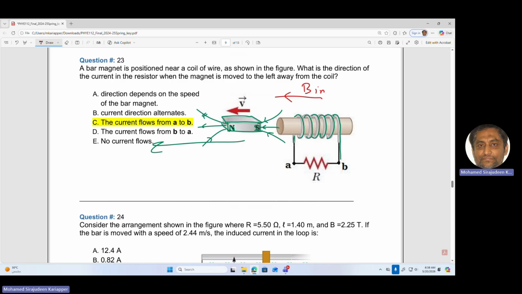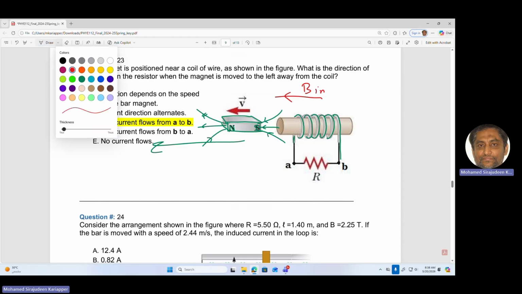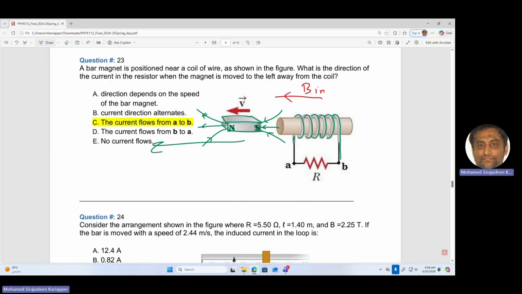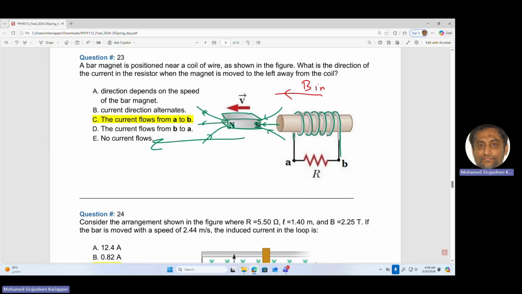Clockwise will give the magnetic field to the right. I want the magnetic field to the left. So looking from this side, the current should flow counterclockwise. So that means the current should flow like this, right?